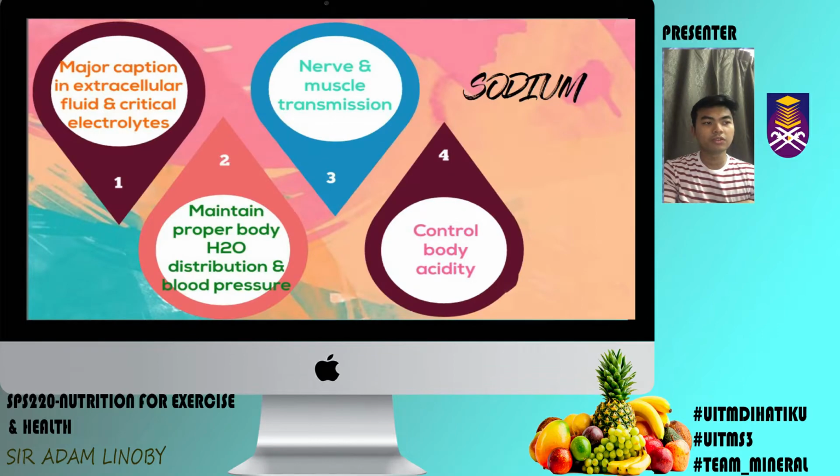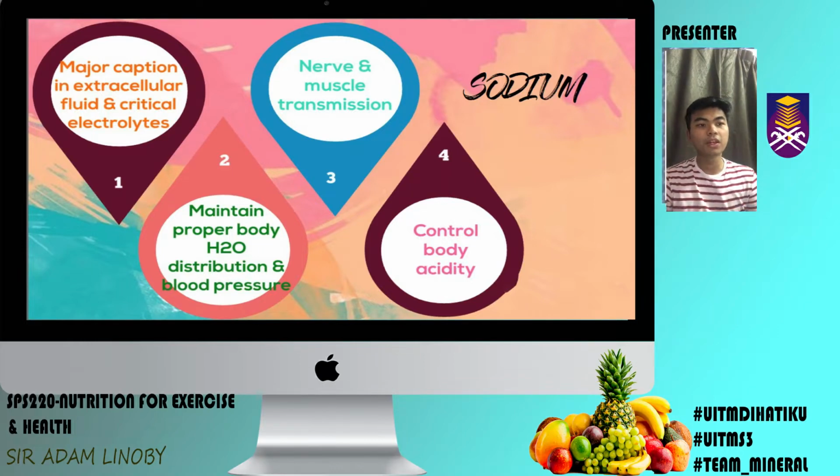For the next slide, we can see sodium. Its function is to be the major cation in extracellular fluid and a critical electrolyte, which means it stabilizes and maintains the homeostasis in our body. It maintains our proper body water distribution and our blood pressure.